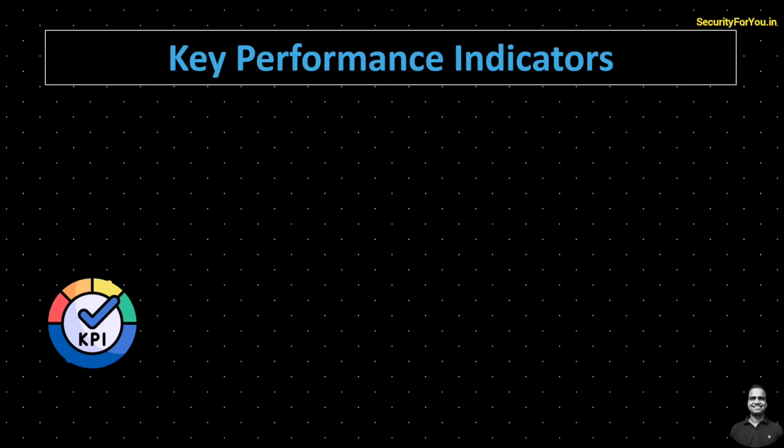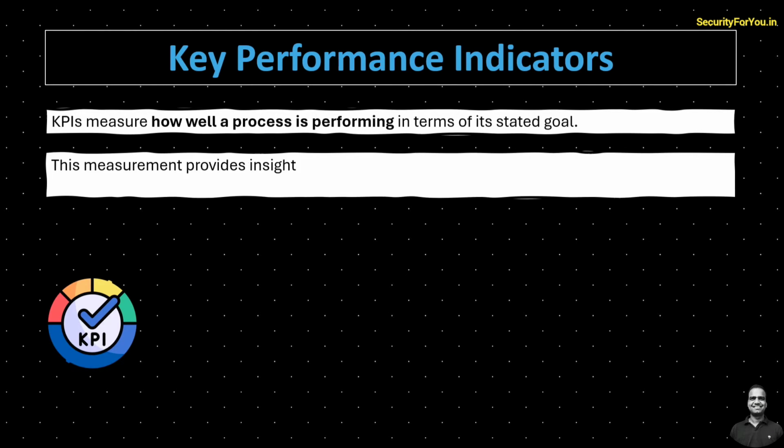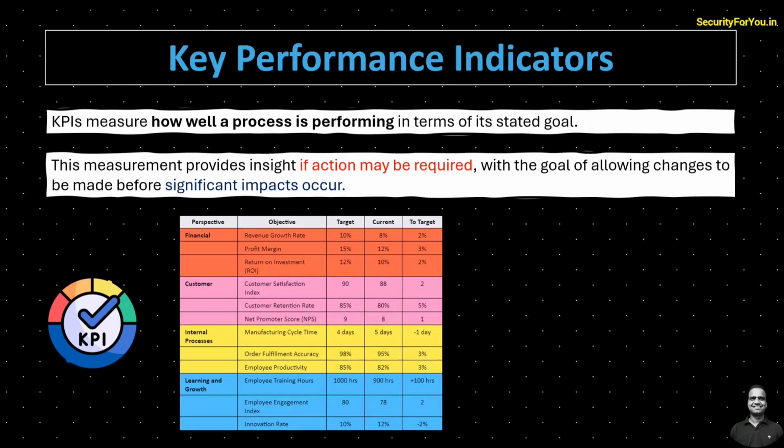Key performance indicators measure how well a process is performing in terms of its stated goal. This measurement provides insights into whether action may be required, with the goal of allowing changes to be made before significant impact occurs, right? KPIs are like a scorecard that shows how you are performing in important areas.